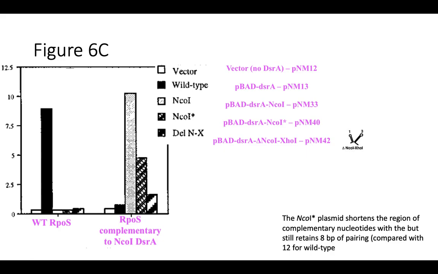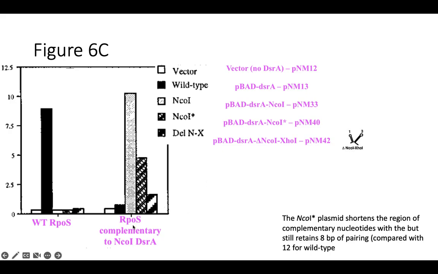Once again, the authors weren't very clear here, so I've gone ahead and labeled their figure myself. Now, on the left, this first group of bars here is just wild-type rpoS mRNA, and we're going to test it with numerous mutants of DsrA, and I'll go over those in a moment.